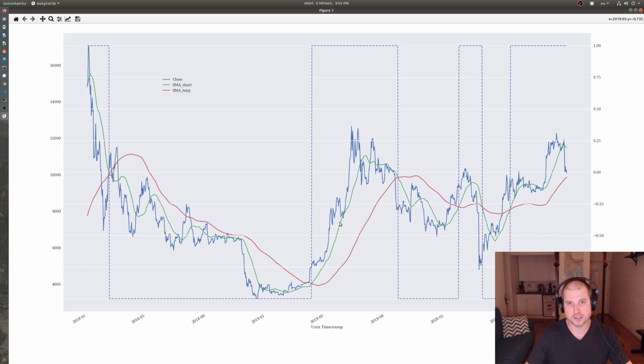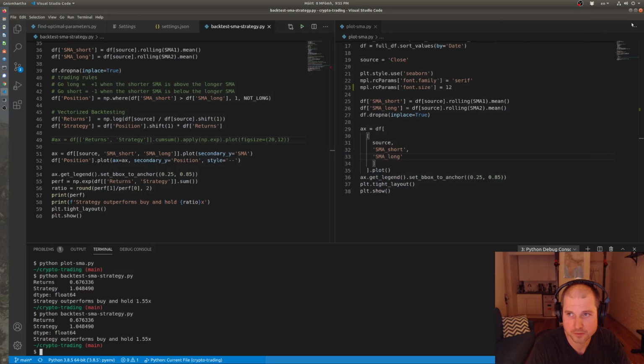And how did it do? It got 1.55x, and simply buying and holding would have gotten you 0.67. Well, I should say this strategy returned 1.04, which is 1.5 times better than buying and holding, where you would have lost a third of what you invested.